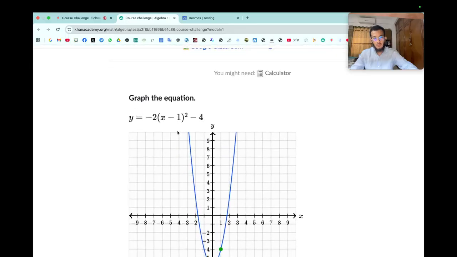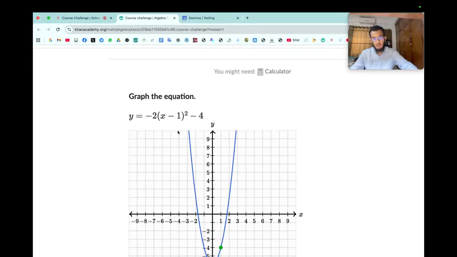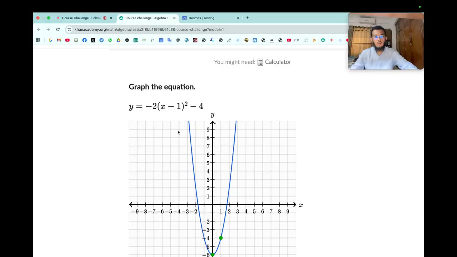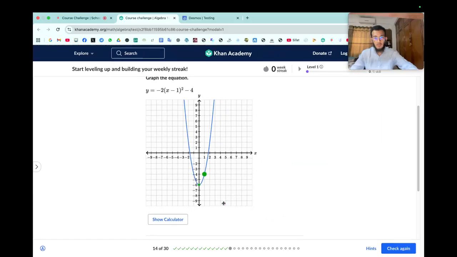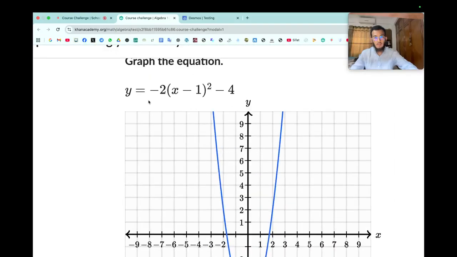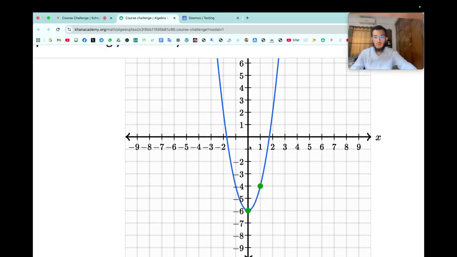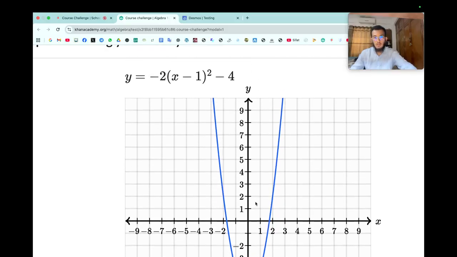The vertex, x equals 1 and minus 4. So 1, minus 4, but because it's negative, the graph would be not this smiley shape, but the sad face. Okay, but this shows something else.